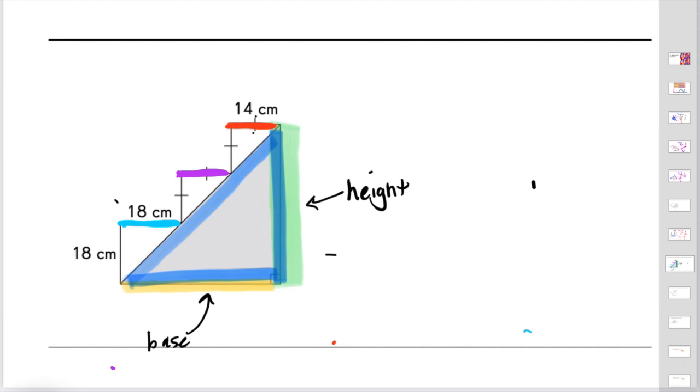Okay, so let's look at the lengths that are going to help us figure out the length of the base. I've color-coded the lengths different colors. If we look at this frozen blue color, and I bring that length down here along the base, we know that that length is going to be 18. It's the same length as this line segment up here.